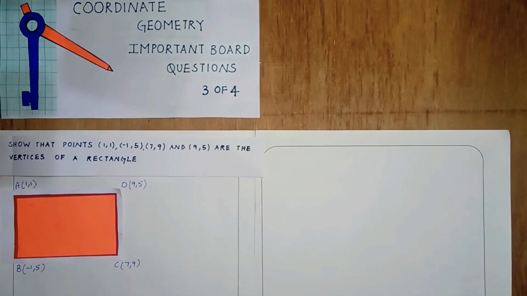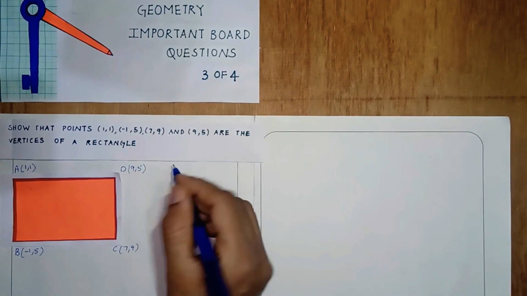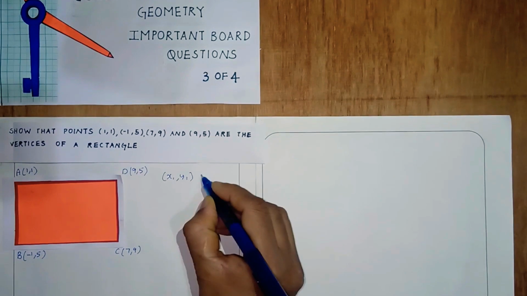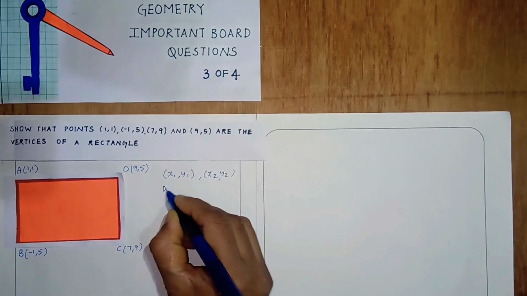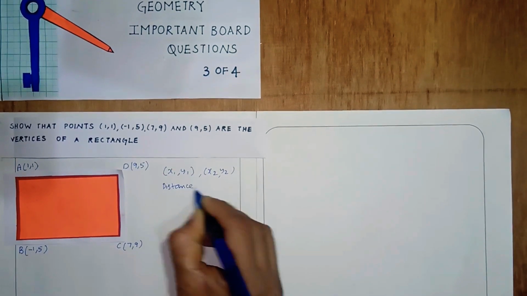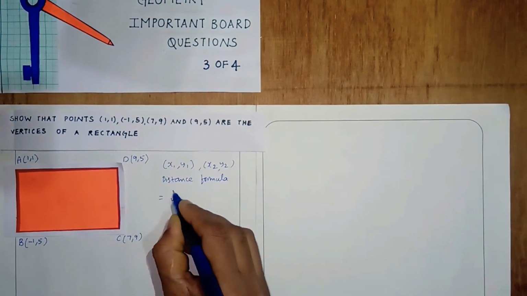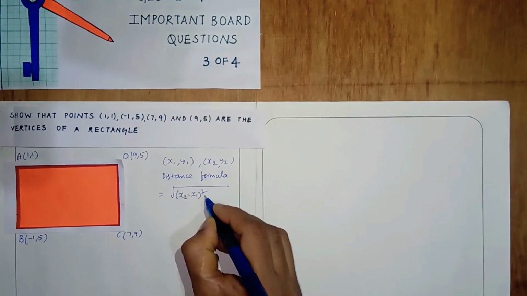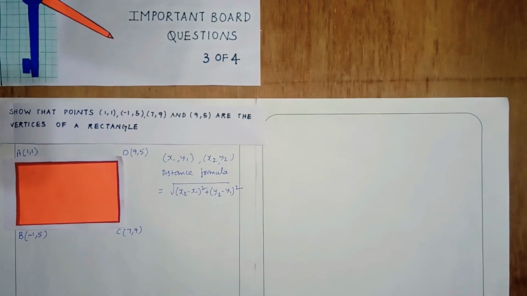According to the distance formula, the distance between two given points (x1, y1) and (x2, y2) is root of (x2 minus x1) whole square plus (y2 minus y1) whole square.